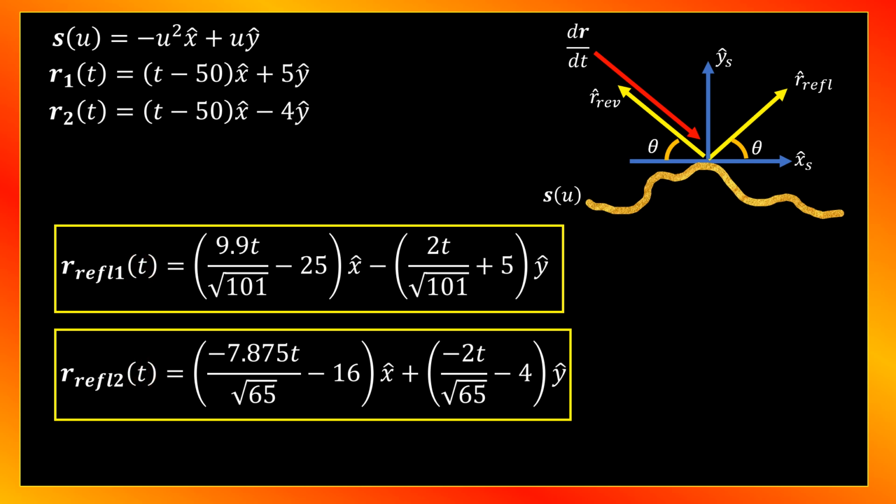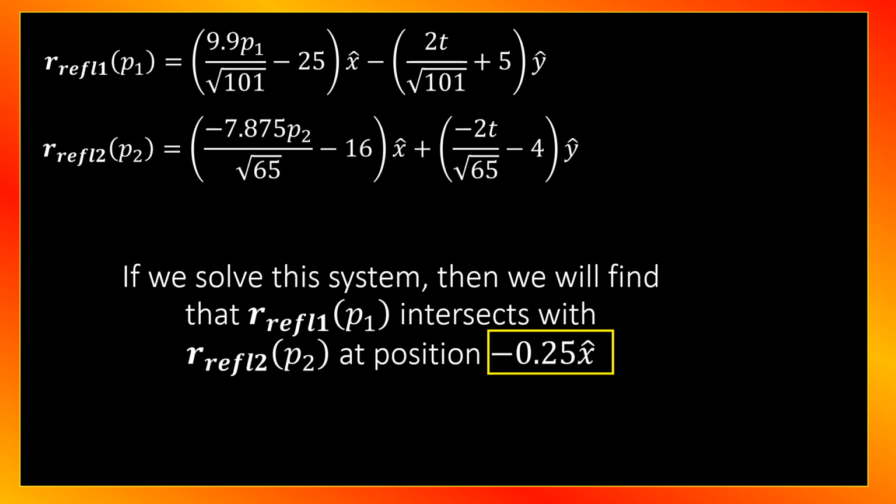And if we do that, then we'll see that they intersect at negative 0.25 as the x coordinate. So the position vector that describes the intersection point is negative 0.25 x hat plus 0 y hat.